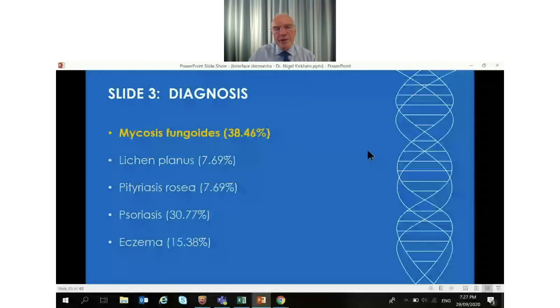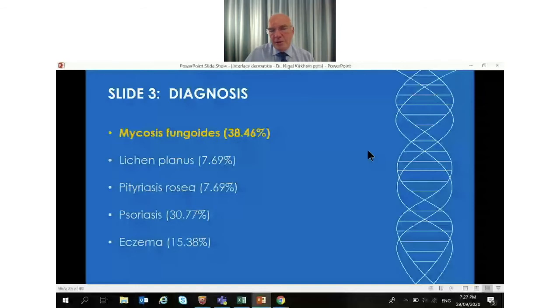So that perhaps explains why it was such a straightforward diagnosis, because those of you who report skin biopsies will know well that often a first biopsy from a patient who's being considered to possibly be developing mycosis fungoides will often be quite a challenge and often not really contain diagnostic changes.